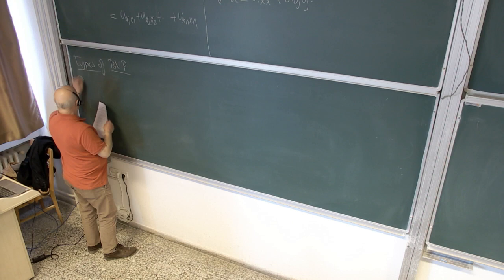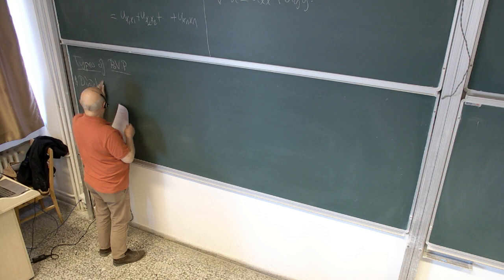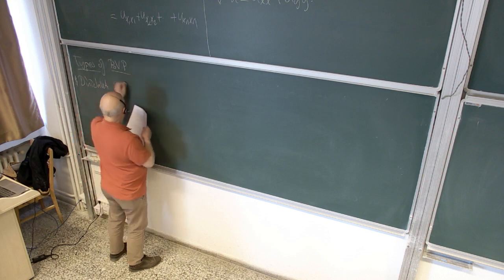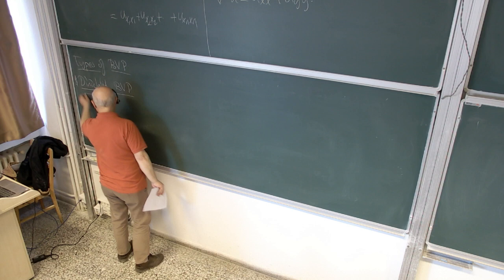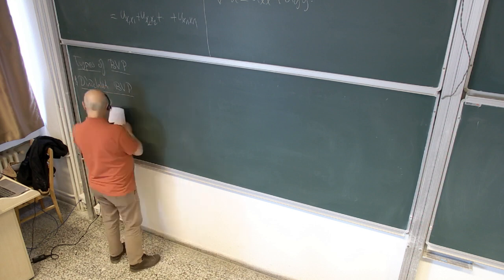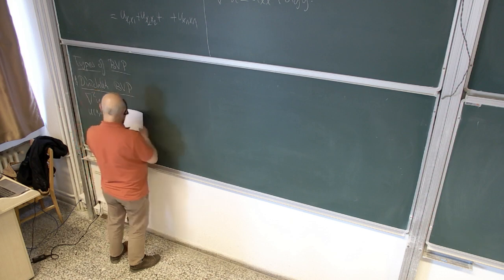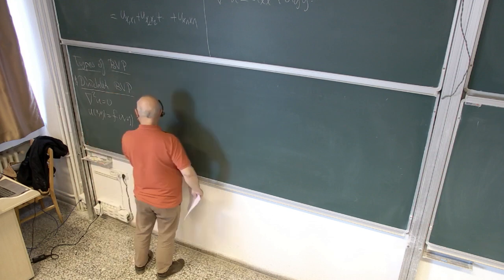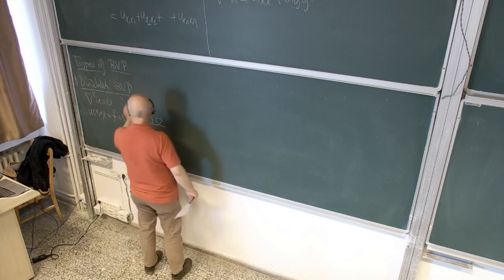One type is the Dirichlet boundary value problem. In this case, the equation is the same, but we have a condition on the boundary of the region.